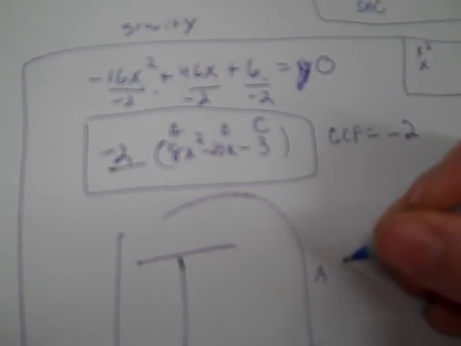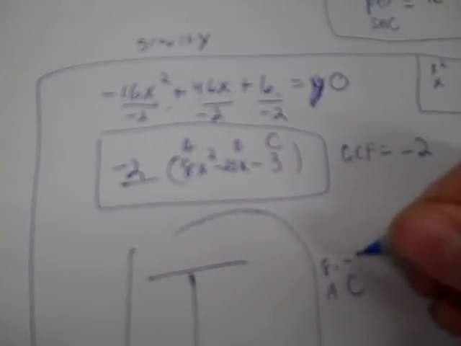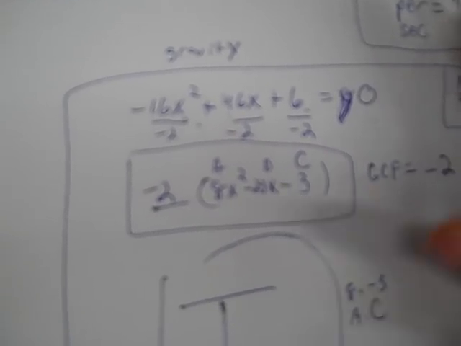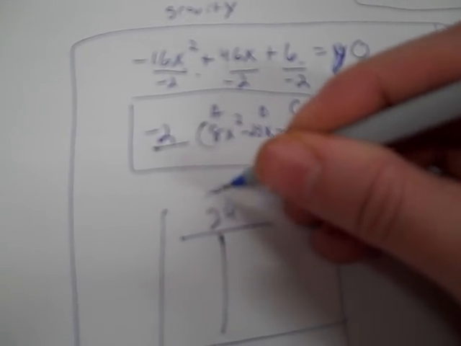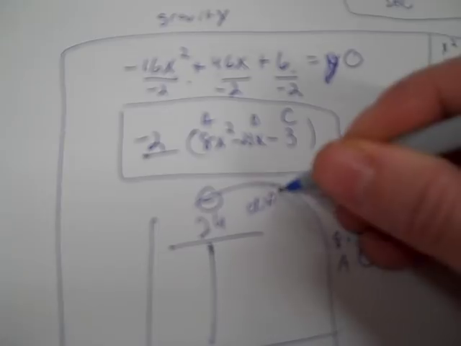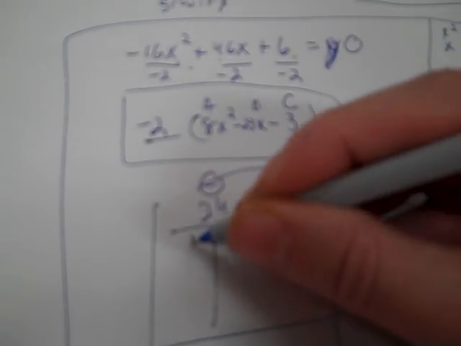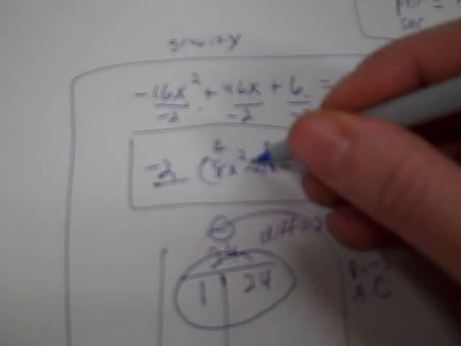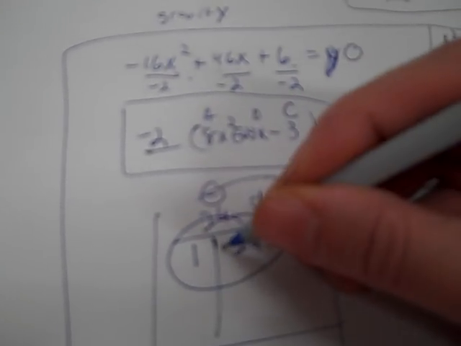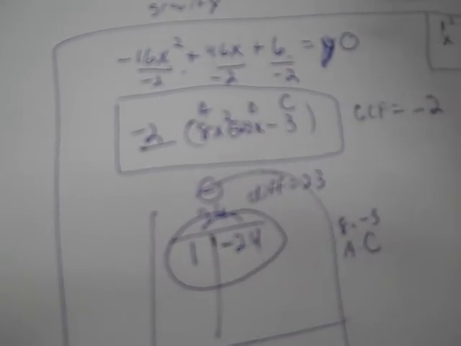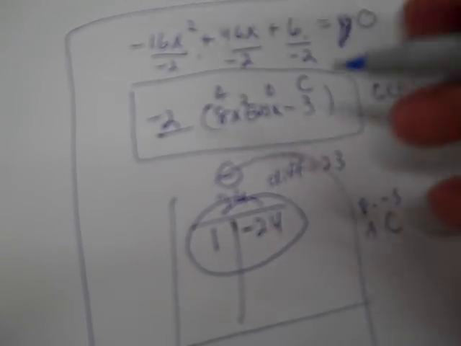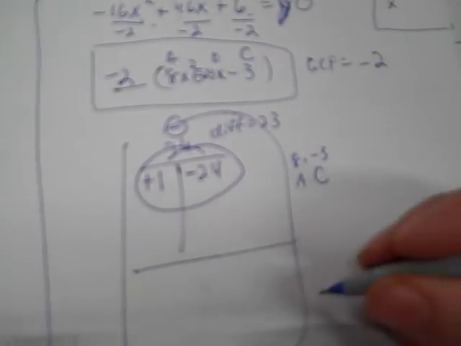Okay, so A times C, positive 8 times negative 3, is going to give me negative 24, so a difference of 23. And by gosh, that's 1 and 24. Got it. So 23 is minus, so 24 is the one that's minus. And then difference means the signs aren't the same. They're the opposite, so plus.